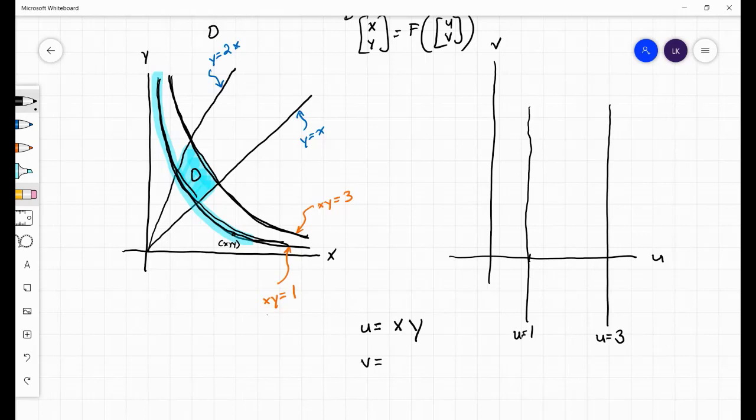You could make it y, but there's something even better. So suppose I want to get a rectangle on the UV plane. Imagine here I can think of this as y divided by x equals 2. And this I can think of as y divided by x equals 1.